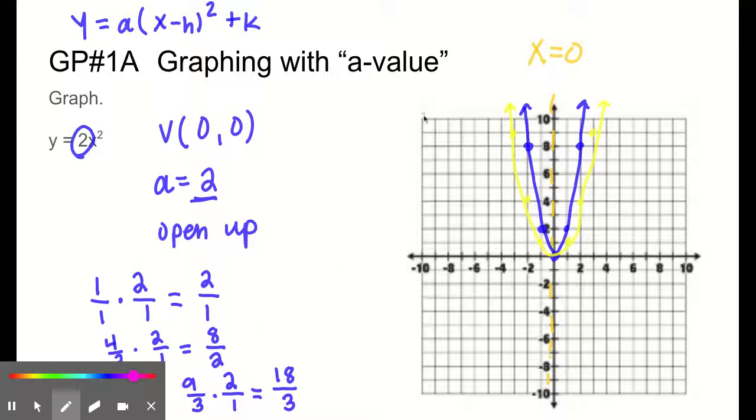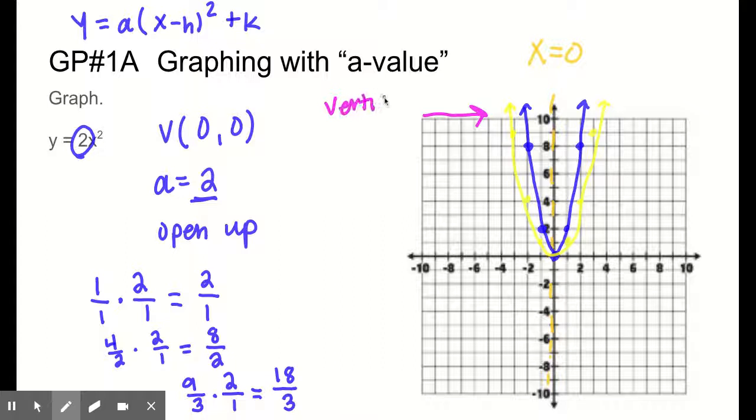Now this is what we call a vertical stretch. This is what's called a vertical stretch, when our graph is narrower than the parent function.